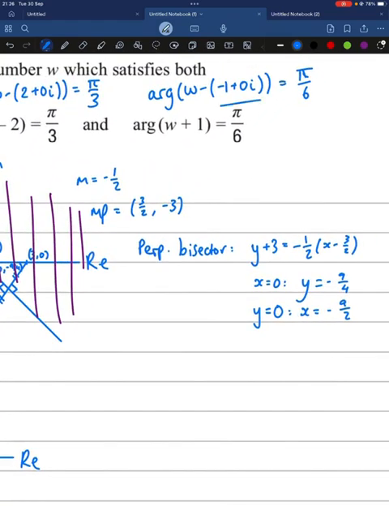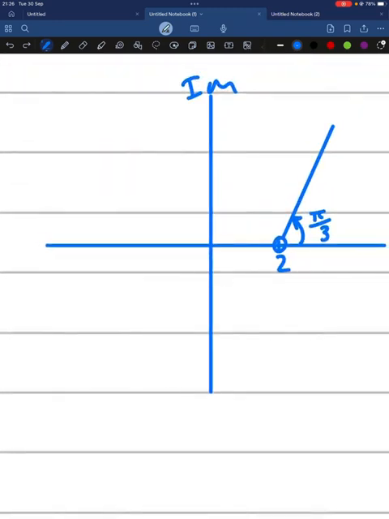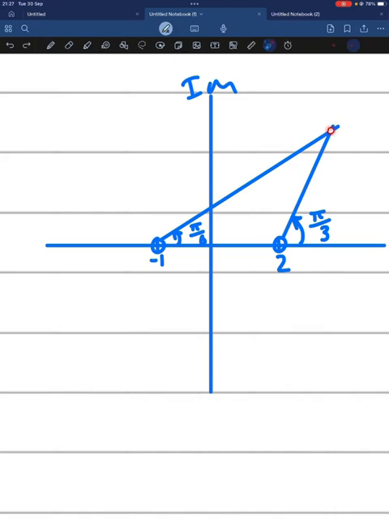And then this is going to be a half line from -1, 0, and an angle of pi by 6. So that's going to be the -1 half line. Let's just make it something like that, where this is pi by 6. So we just want to find this point of intersection.